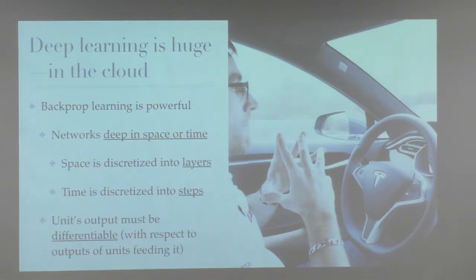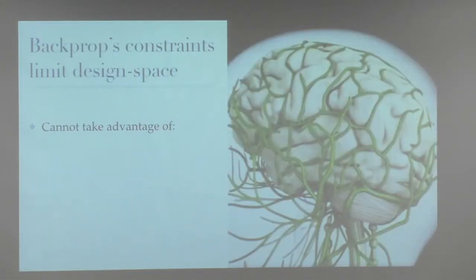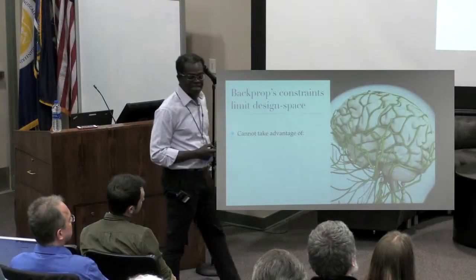To apply this learning algorithm, you need a unit's output to be differentiable, right? It has to be a smooth function of its inputs. This is a big constraint because we would like not to be constrained by a lot of these things. In particular, these constraints are limiting the design space.